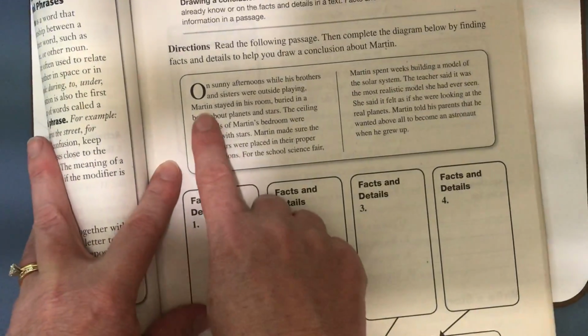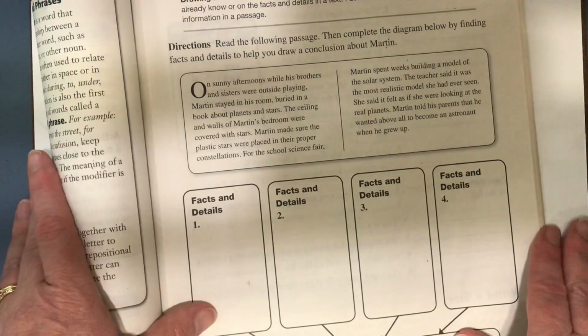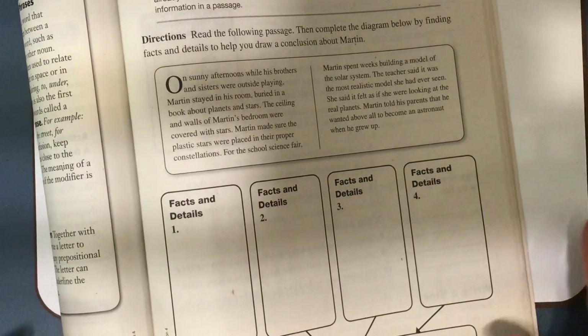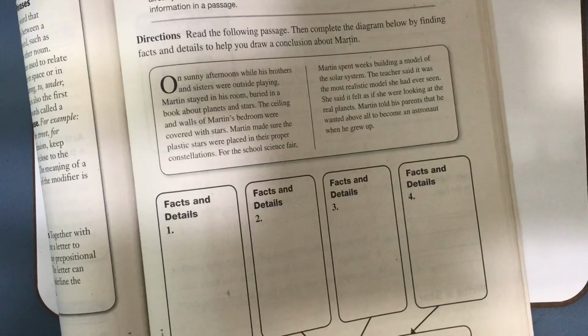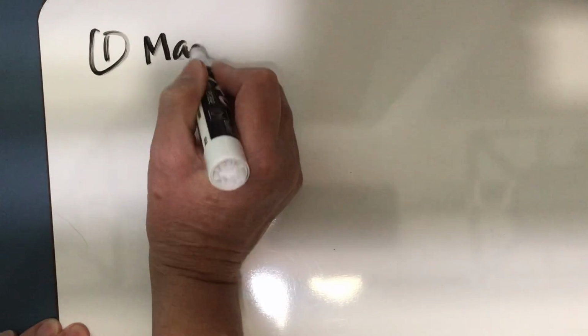So when we first read here, it says that Martin stayed in his room buried in a book about planets and stars. When it says he was buried in a book, that means that he was reading a book about planets and stars. He was very interested in it. So on number 1, you're going to put that Martin read books about planets and stars.